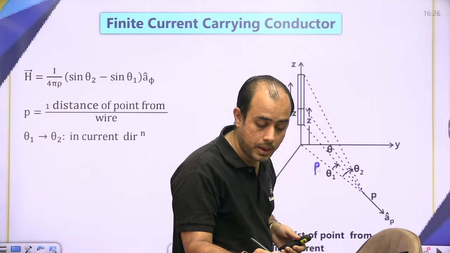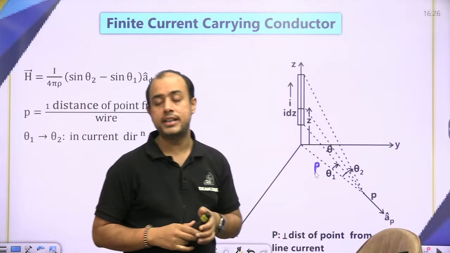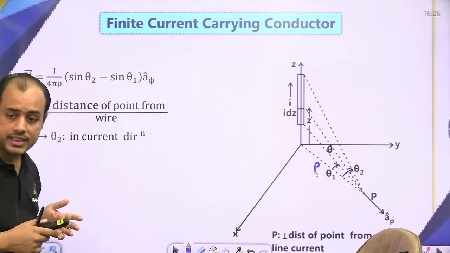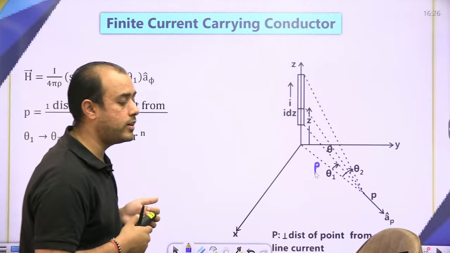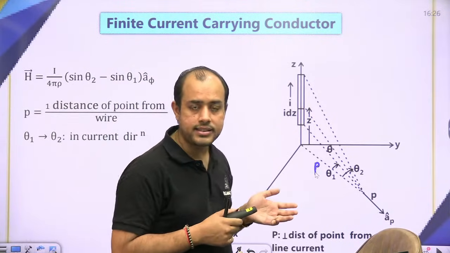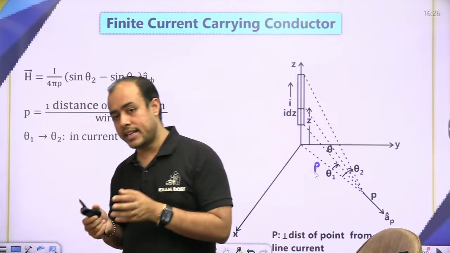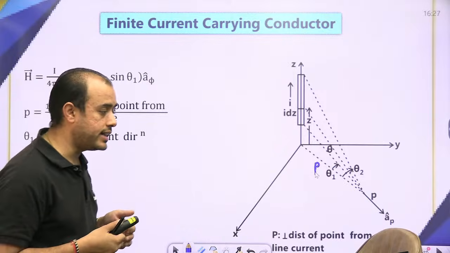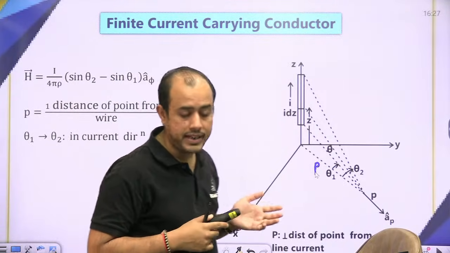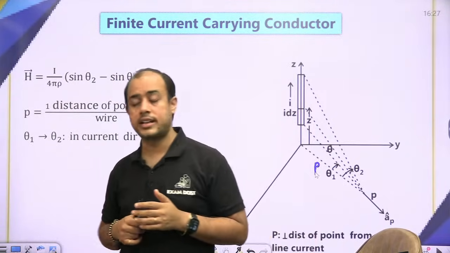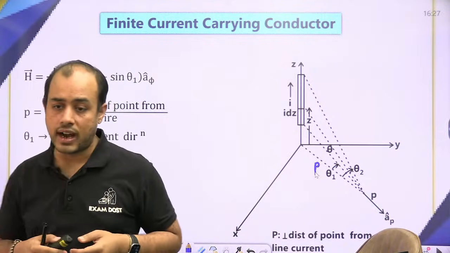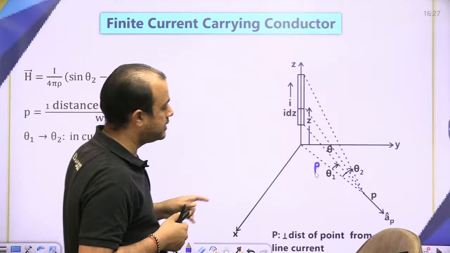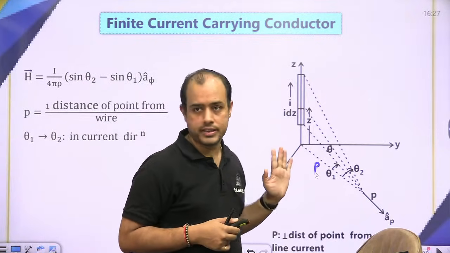So rho is the perpendicular distance of the point from the line current. I told you in electrostatics also how to take perpendicular distance. If the wire is along the z-axis, perpendicular distance is taken using xy coordinates. If the wire is along the x-axis, perpendicular distance using yz coordinates. If the wire is along the y-axis, perpendicular distance using x and z coordinates. So this is the perpendicular distance.